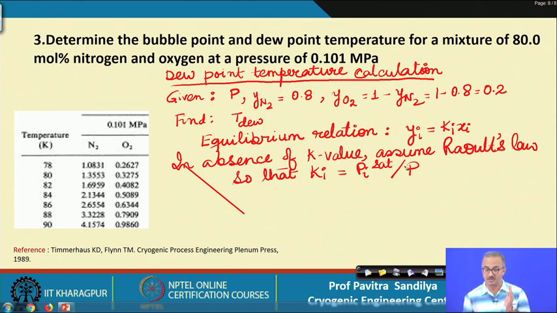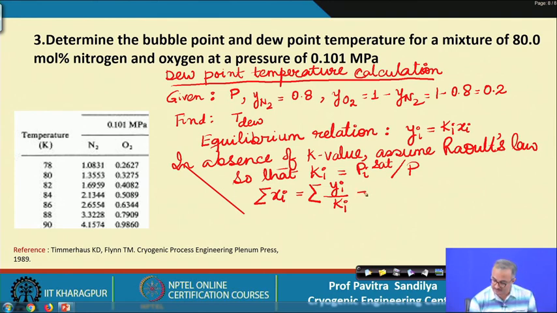Now, you see that because pressure is given, in this case the Xi, that is the liquid phase composition, becomes a function of only temperature, and that is the dew point temperature. So, what we shall do is this, we shall be now putting this particular relationship, that summation of xi is equal to summation yi divided by Ki, this is equal to 1, that is the mole fractions total to 1.